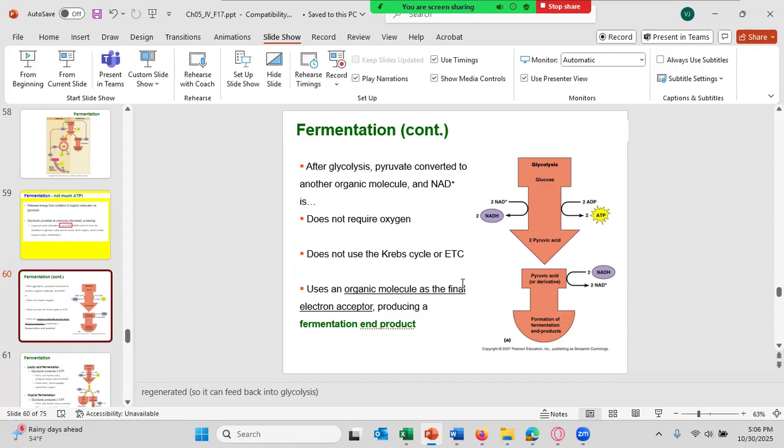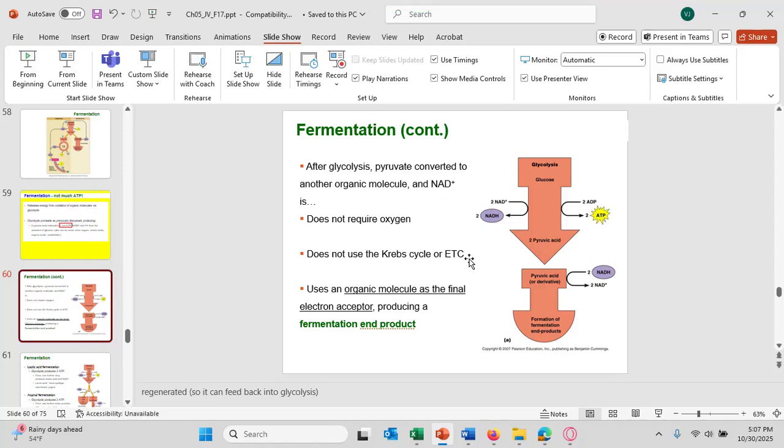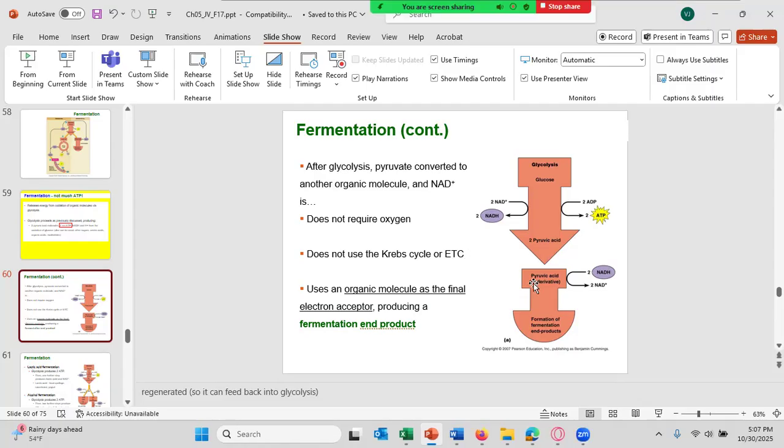All right, fermentation does not require oxygen, so it can happen in the presence of oxygen or in the absence of oxygen. It does not use the Krebs cycle or the electron transport chain. It does use an organic molecule as the final electron acceptor, meaning the electrons flow to an organic molecule, which is usually pyruvic acid.